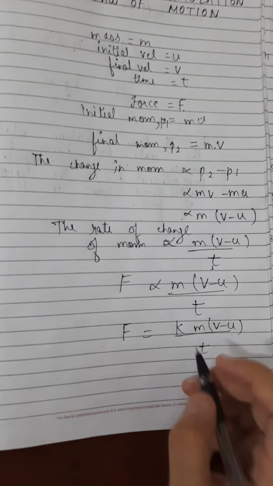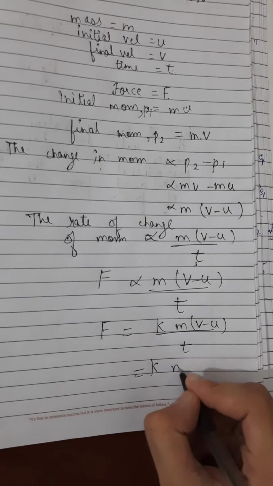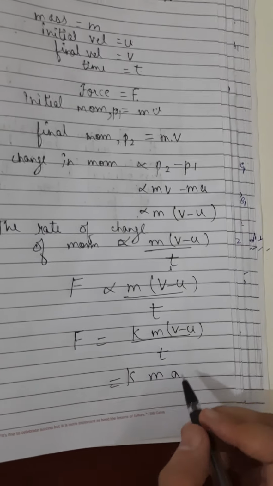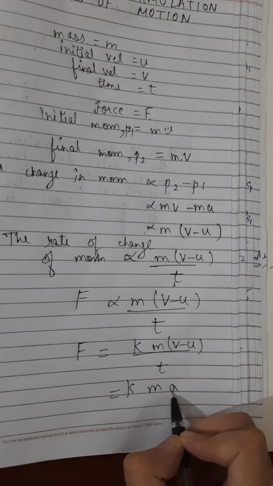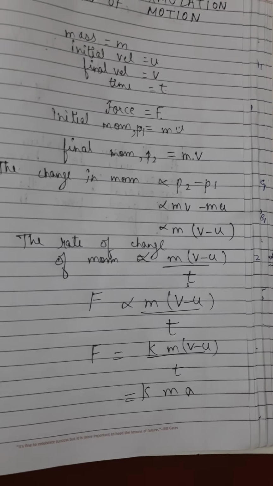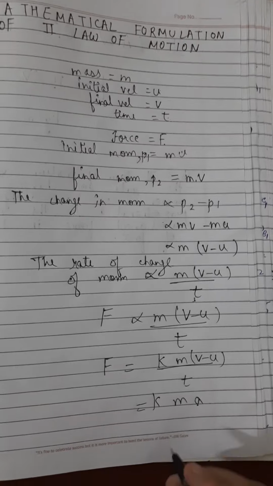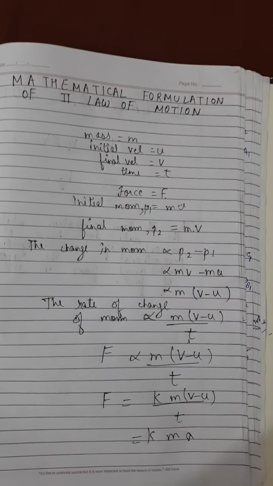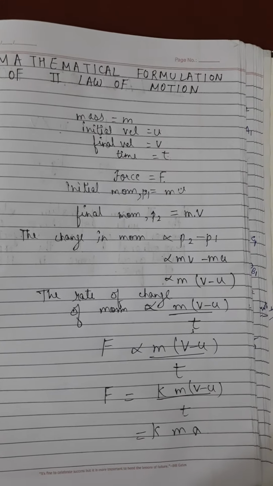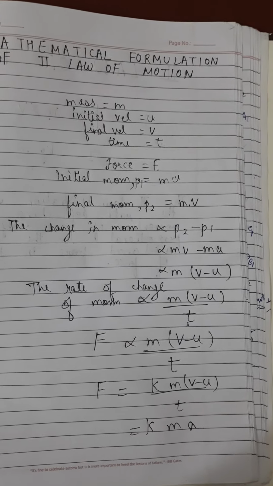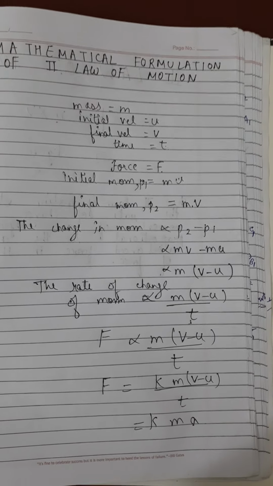Let it be k. So F is equal to k into m into a, where I have substituted the value of acceleration using the first equation of kinematics. Now the unit of force is so chosen that the value of the constant k becomes 1.